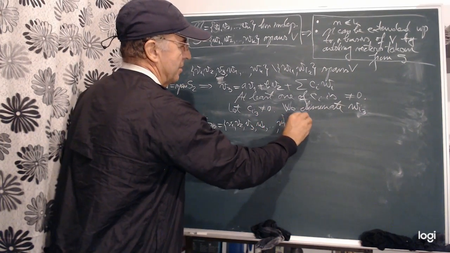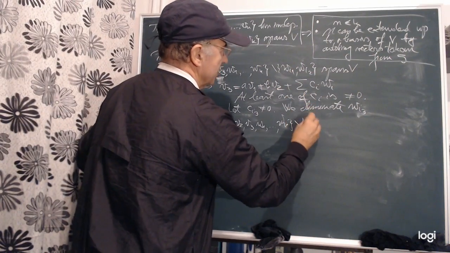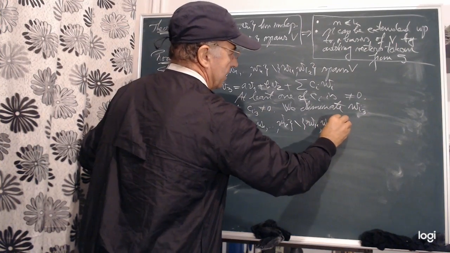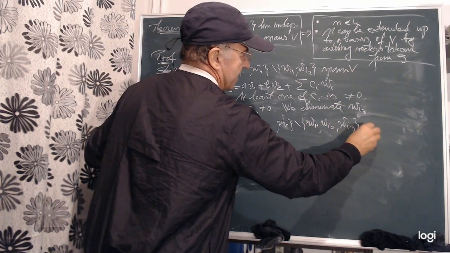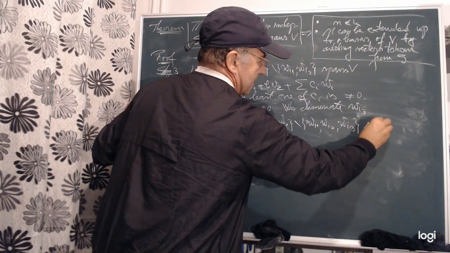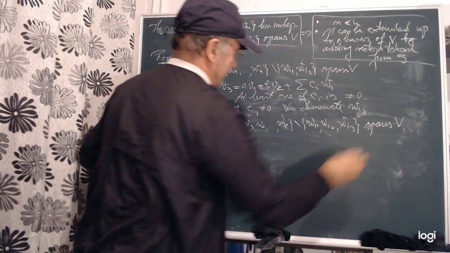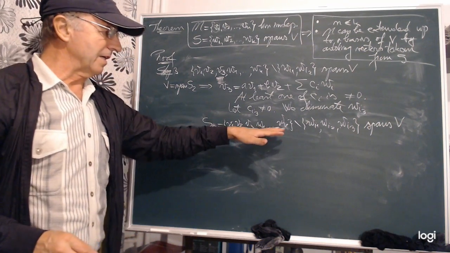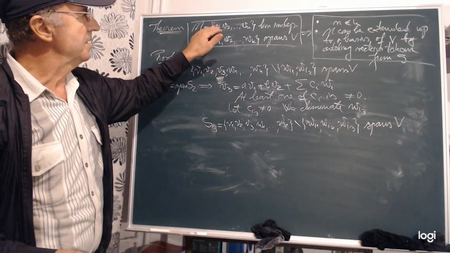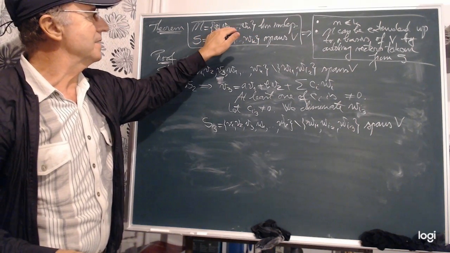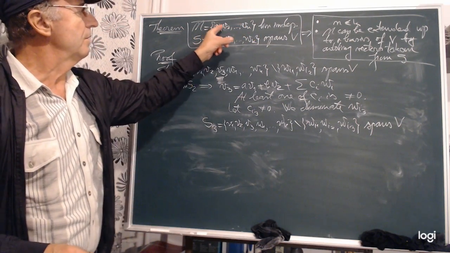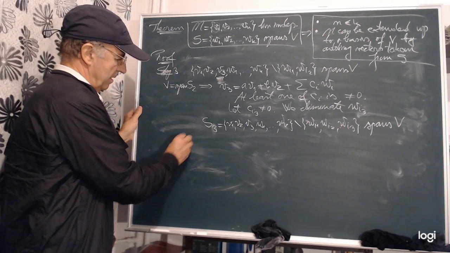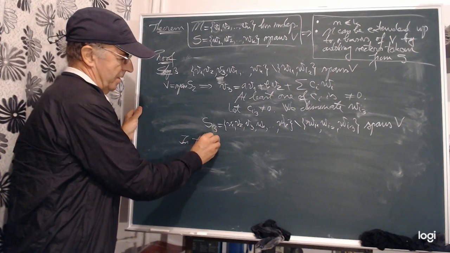We have eliminated three vectors, Wi1, Wi2, Wi3. This spans V, and we can continue in this way, and evidently we can insert all of these vectors in this way.